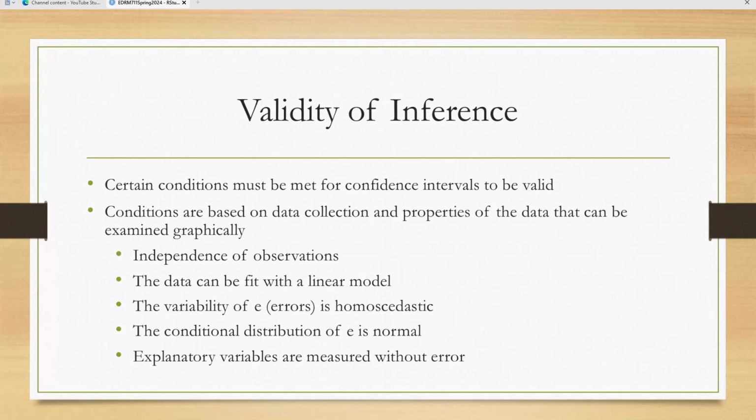We've already talked about the conditional distribution of E being normal. Why is that important? Because of the probability distribution. Again, that margin of error has a probability distribution associated with it and a standard error associated with it. So whereas the homoscedasticity talks about the standard error part, the conditional distribution of residuals talks about the probability distribution part.